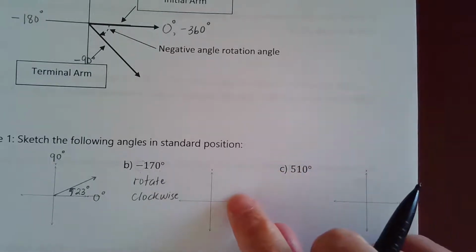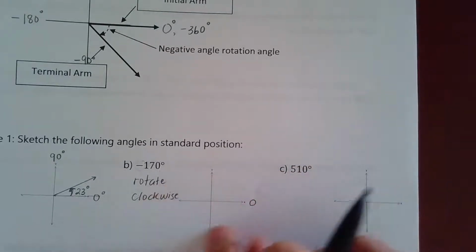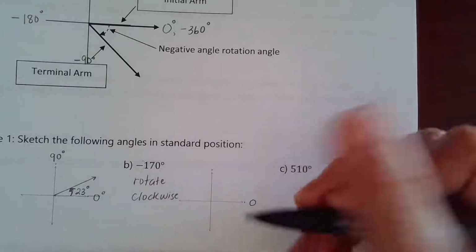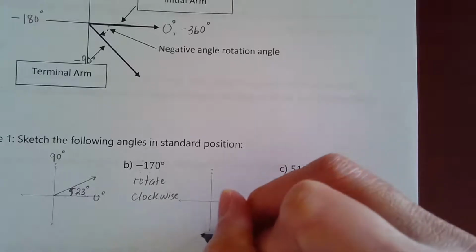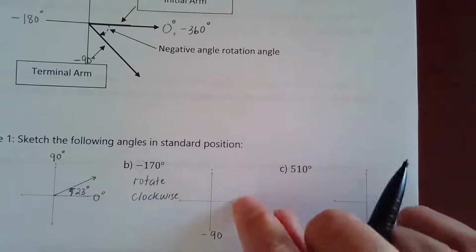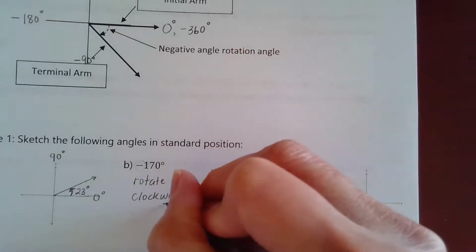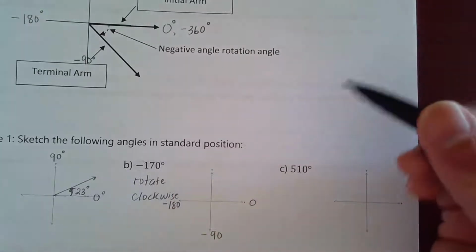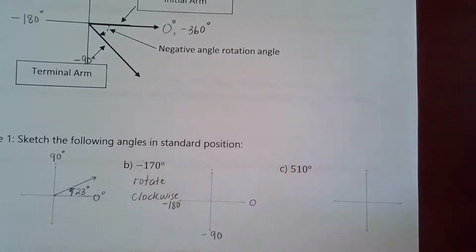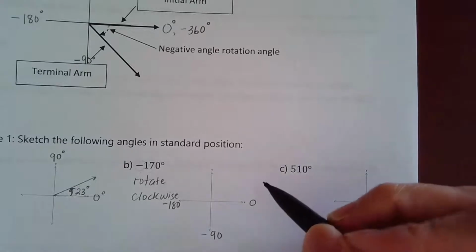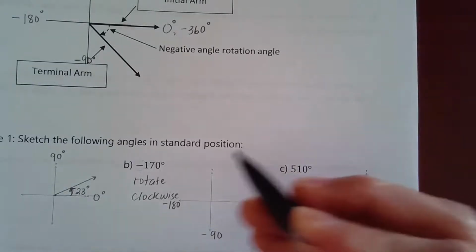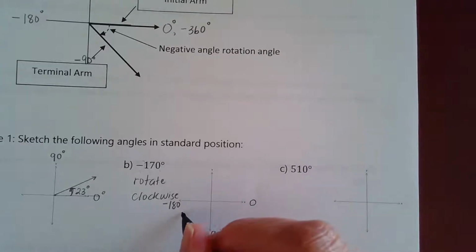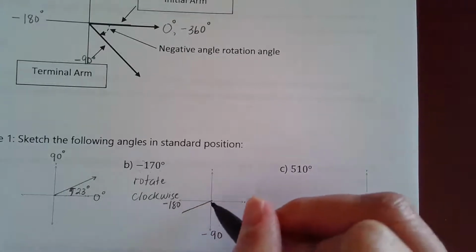And if I rotate clockwise this way, the word clockwise is the same way as the clock rotates. So this is going to be negative 90. And if I keep going, it's going to be negative 180. And where would the negative 170 be? So 0, negative 90, negative 170 would be somewhere right here.